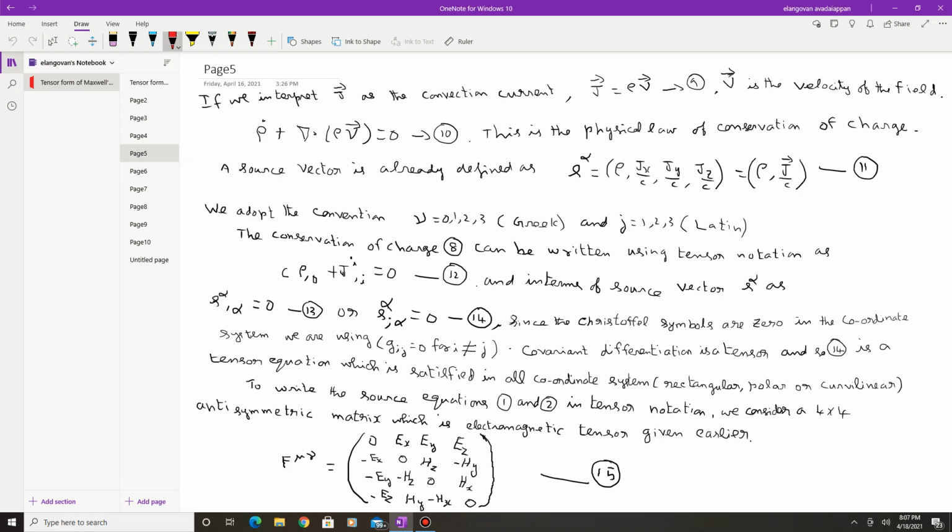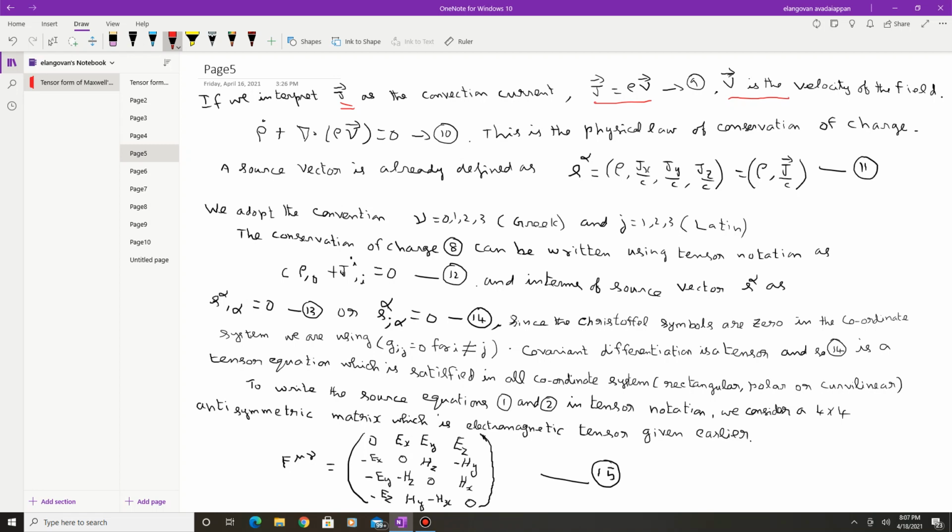Now if you interpret J, this is the current density, J is equal to rho times V, where V is the velocity of the field. We can define rho V as the current density, because it is the rate of flow of charge per unit volume.